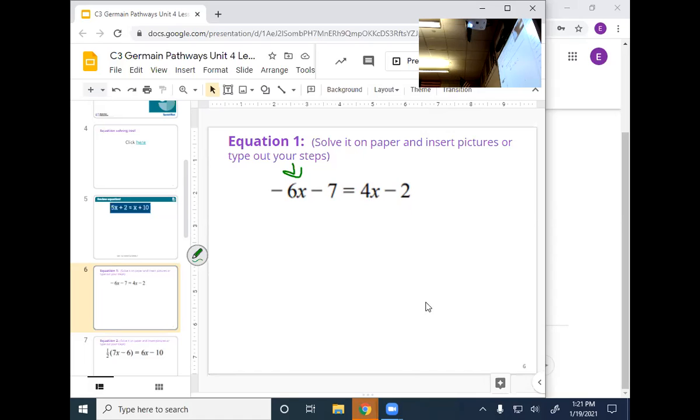Right now, the 6x is what kind of 6x? A positive or a negative? It's a negative. So what's the opposite of a minus? Jonah? The addition symbol, yes. So to each side, we're going to do what? Very good. Yes, we have to add 6x to both sides.